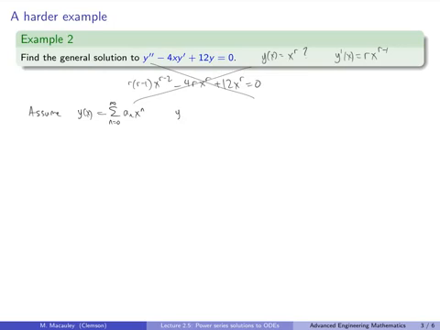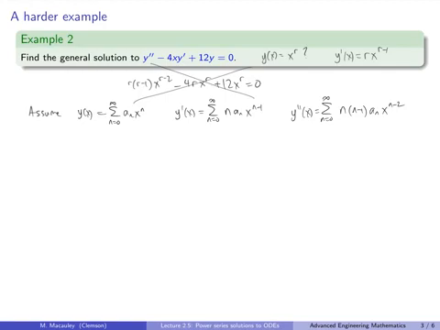So let me take two derivatives of this. So y'(x) equals the sum from n equals 0 to infinity of n a_n x^(n-1), and y''(x) equals the sum from n equals 0 to infinity of n(n-1) a_n x^(n-2).